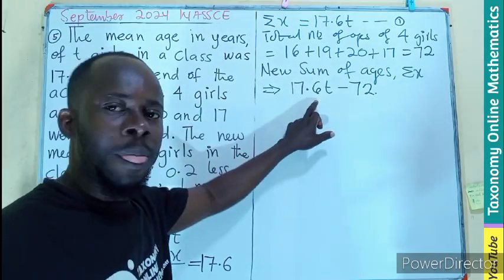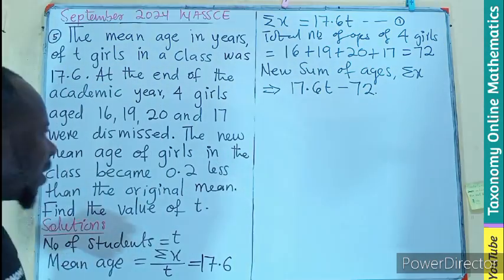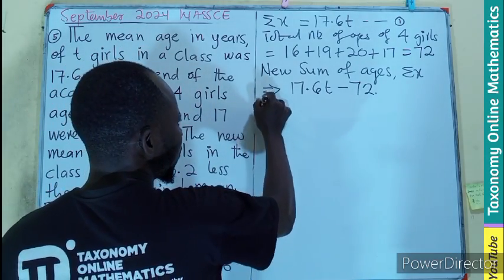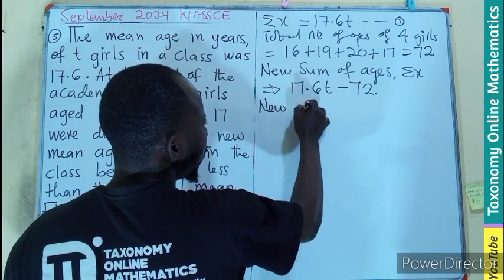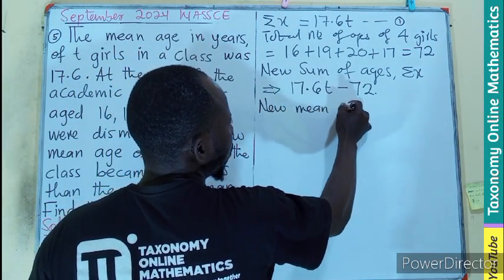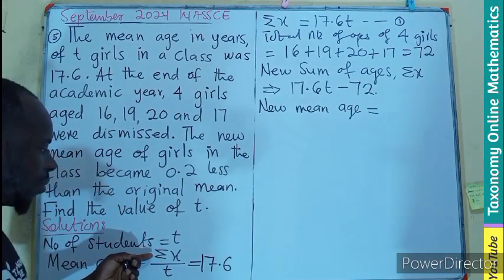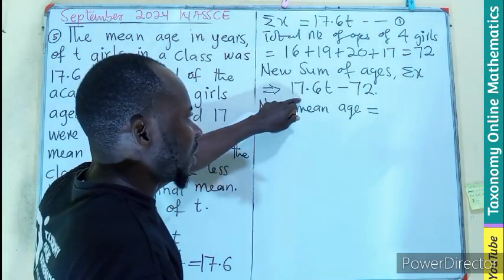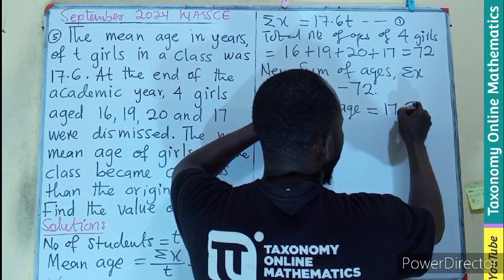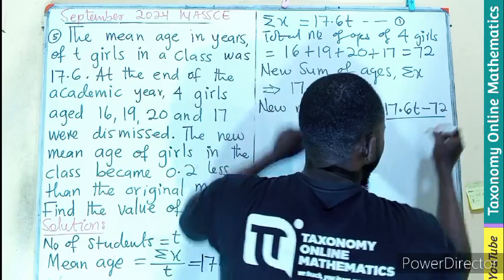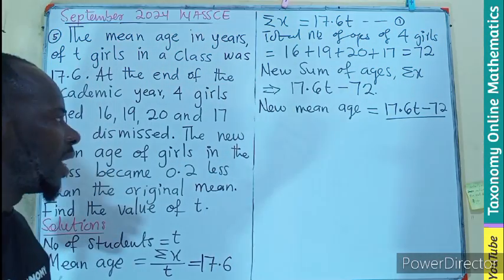So this is the sum, right? We can now find a new mean. So the new mean is going to be the summation. What is the new summation? Which is 17.6 T minus 72 divided by the number of students in the class.